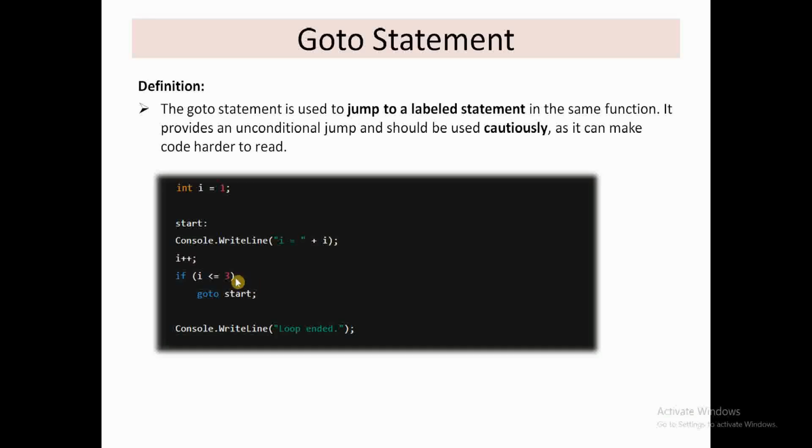Means if the cursor comes here for 3 times, it directly moves from here to here. So it executes this block of code 3 times, and in that period it skips this code block, and after 3 iterations it will come here and exit the loop.